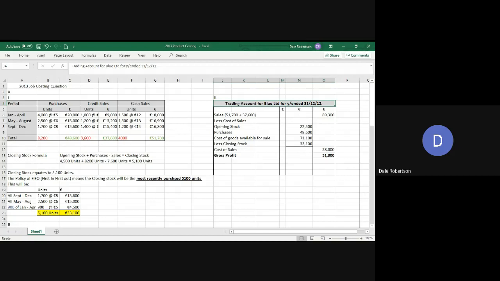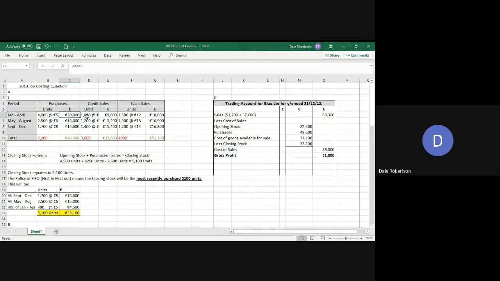The first part of this is preparation work, and I've done it here in this table, where you take the numbers for January to April, and you write out the 4,000 units by €5 and you multiply it to get 20,000.